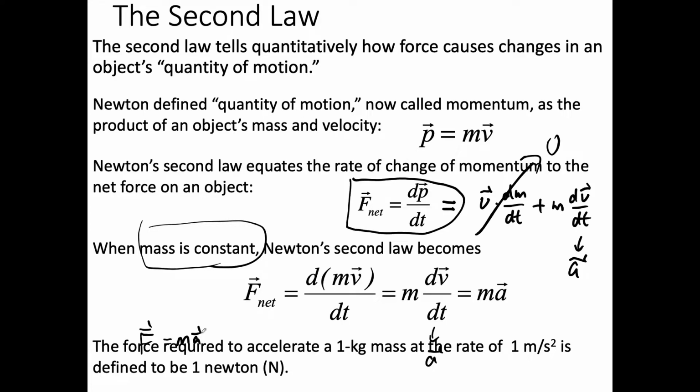The unit for mass is kilogram, and the unit for acceleration is meter per second squared. So the unit for force is kilogram meter per second squared, and we define 1 kilogram meter per second squared to be 1 Newton, to honor Newton.